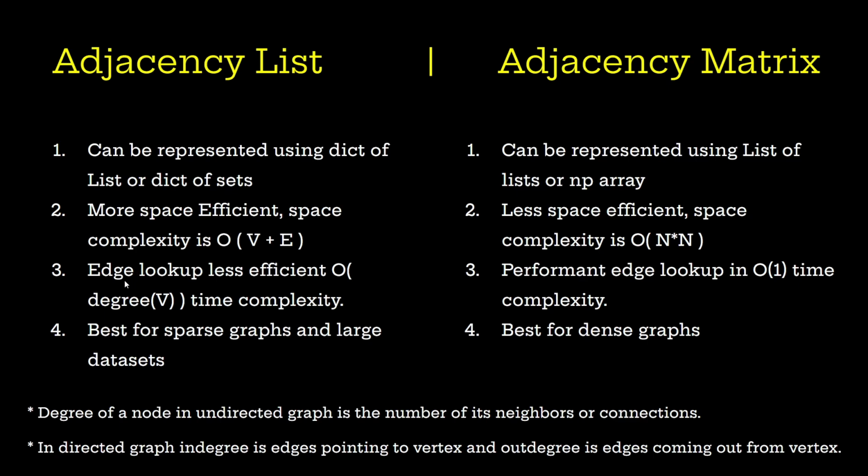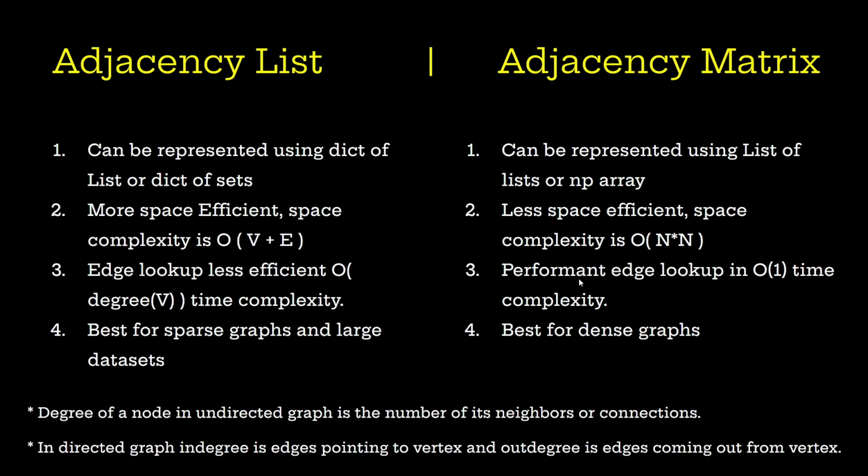Now looking at the edge lookup case, the edge lookup is big O of degree of v, or in the worst case big O of the number of vertices in the case of an adjacency list, because we have to go through each and every neighbor in the list to find out whether the neighbor exists or not. But in the case of an adjacency matrix, it is very performant.